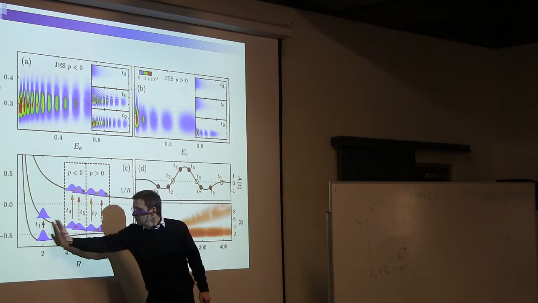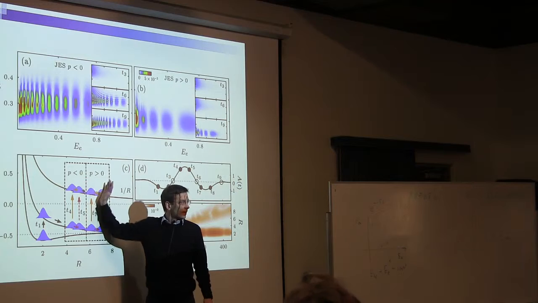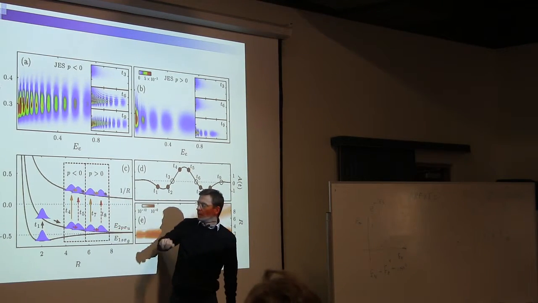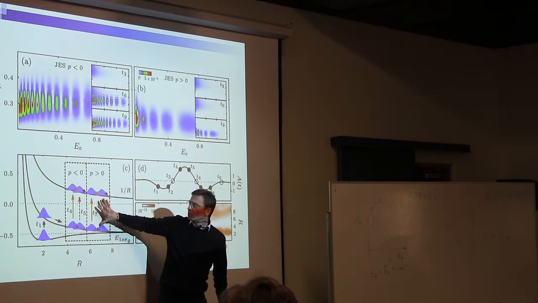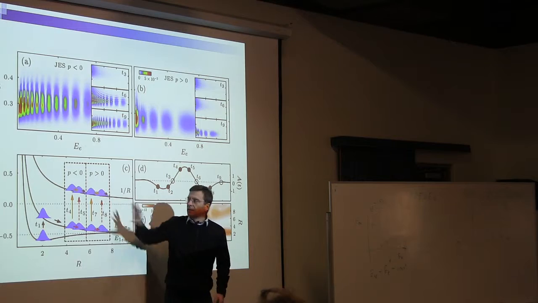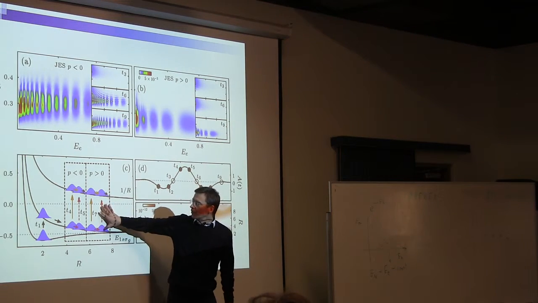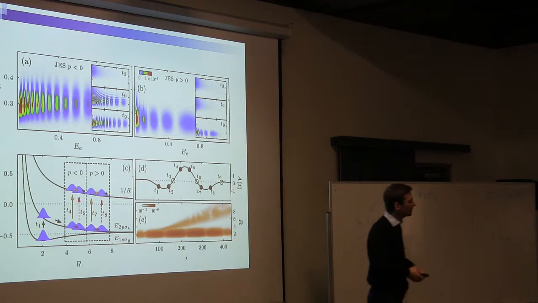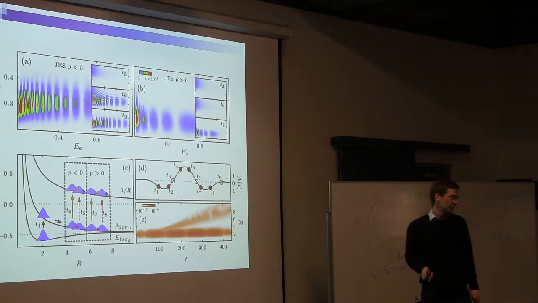We need to dissociate a little bit before we can ionize. And where we can do the ionization, we have in fact pretty much parallel curves. This means that it doesn't depend on the internuclear distance and not on the nuclear energy. And that's why it suddenly looks like this.